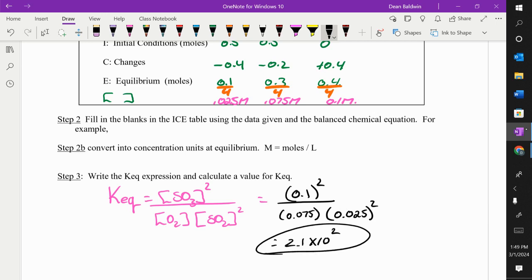You get 2.1 times 10 to the 2, or 210. That's the basics of an ice table.